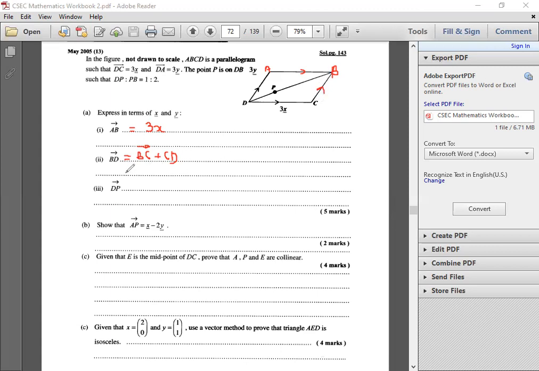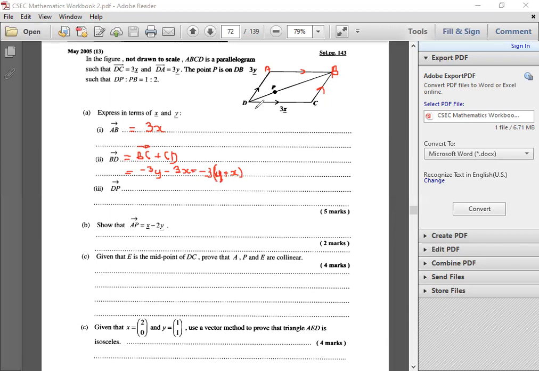So this is going to be equal to negative 3y minus 3x, or this could equal negative 3 bracket y plus x, right? So that is what BD is.